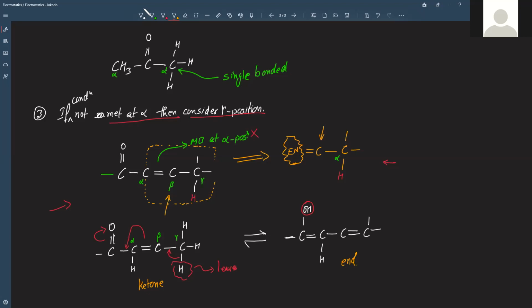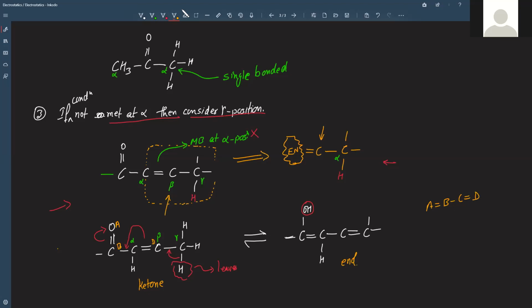A double bond B, single bond C, and double bond D. So this is a condition for resonance.